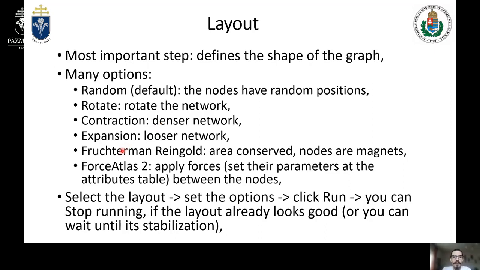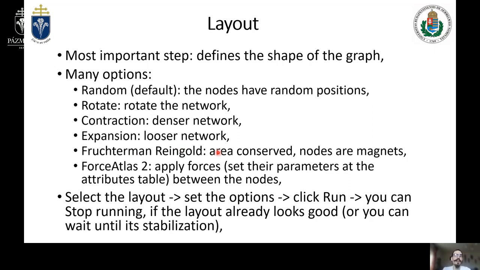But the more clever methods, for example, this Fruchterman-Reingold method, handles the nodes as magnets, technically, and applies force between them, similar to magnetic force, but it will conserve the area of the graph.